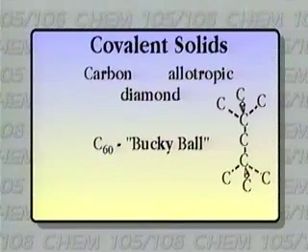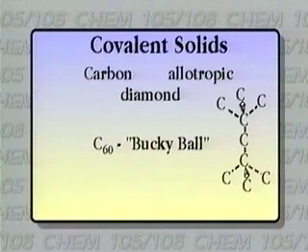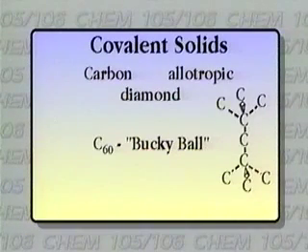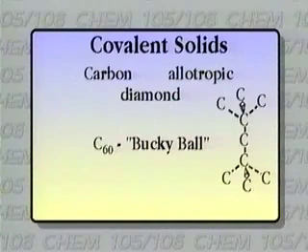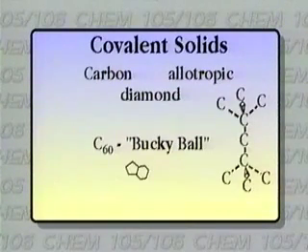One of the last forms of carbon is groups of 60 carbons hooked together in a unit that looks like a soccer ball. If you've ever looked at a soccer ball, it is actually composed of a cloth that is pentagon shaped, and then the next one is hexagon shaped.